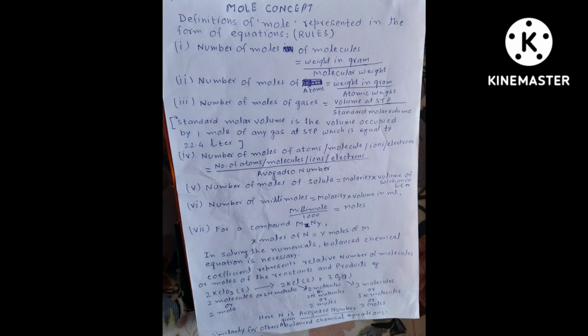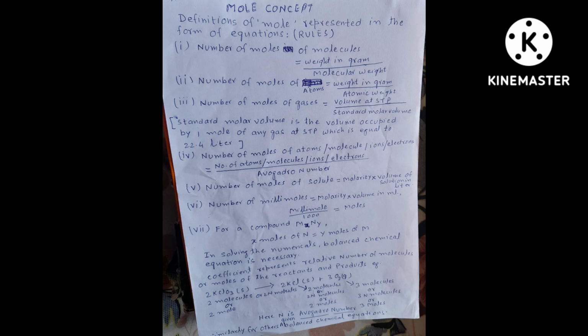Calculate the molecular mass of C2H5OH: 2 into 12 plus 6 into 1 plus 16. Exactly you will keep all the values: 2 into 12.01 plus 6 into 1.008 plus 16. Add all, it will come 46.068 gram. This is the molecular mass of ethyl alcohol.